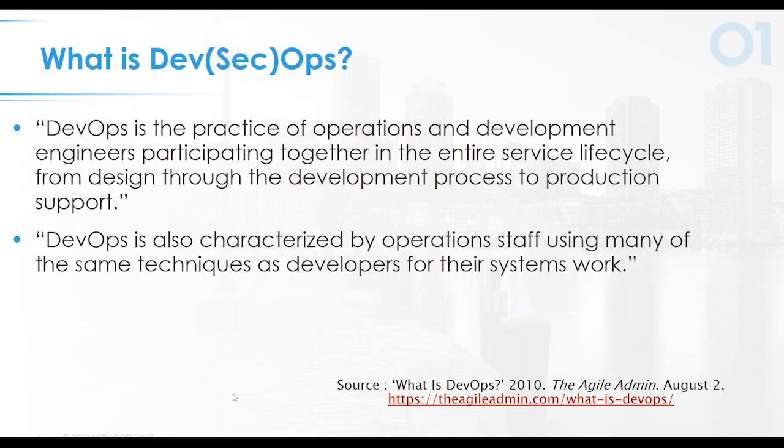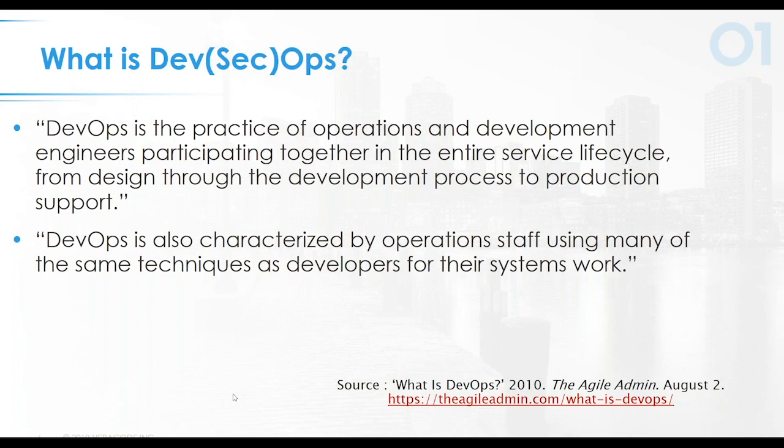I'll speak from my own experience of executing such a program in our teams. Let's set the context first, define the term, and what it has come to mean. Some people define it as a collaboration between engineering and operations throughout the software cycle, while some define it as operations teams now writing infrastructure as code and using development-like techniques. And security is now an integral part of this cycle.